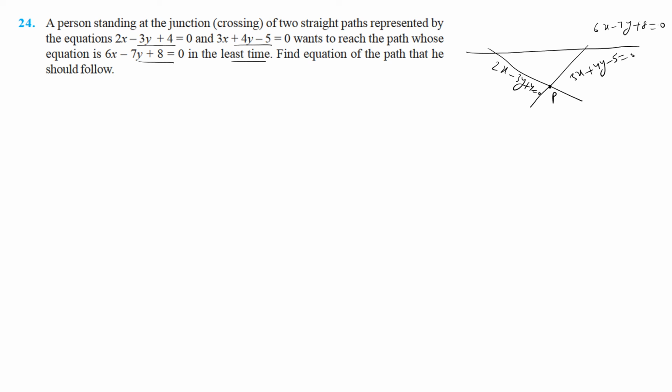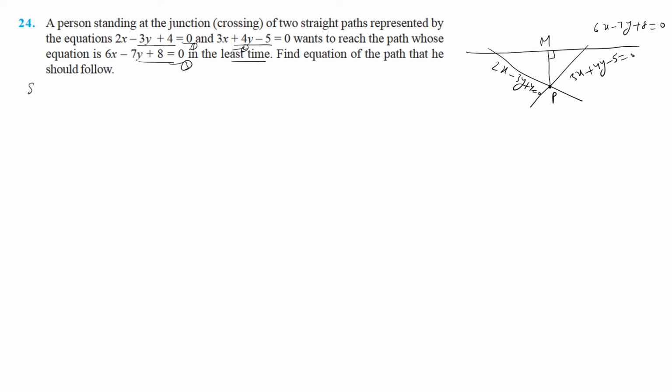So it means I should draw a perpendicular. How will you find the equation of this perpendicular? I just need the slope of this line and the point, which I will get from the intersection. The slope can easily be obtained from this line, as this is perpendicular to this line. So this is number 1, number 2, number 3.